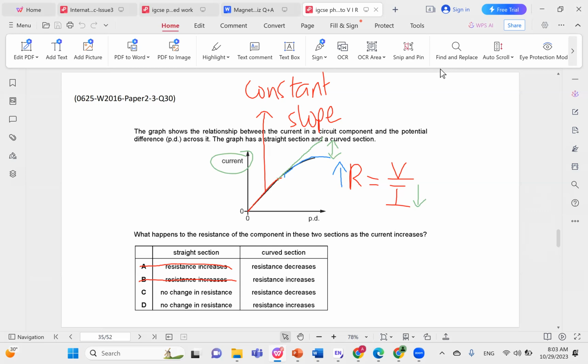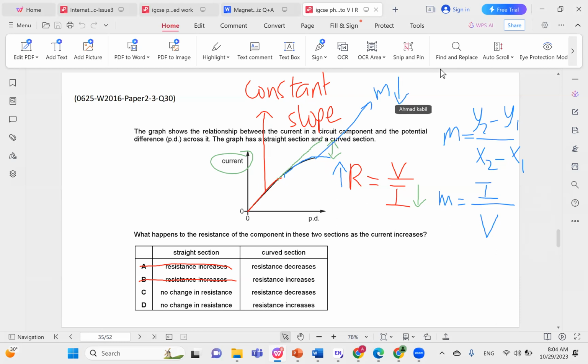You could have also approached this mathematically. You know that the slope is equal to change in y, y2 minus y1, over change in x, x2 minus x1. So in this case, our slope is the change in current over the change in voltage because the current is on the y-axis. Now, from math, you might be able to figure out that in this graph, the slope is decreasing. So if the slope is decreasing, then I over V is decreasing.